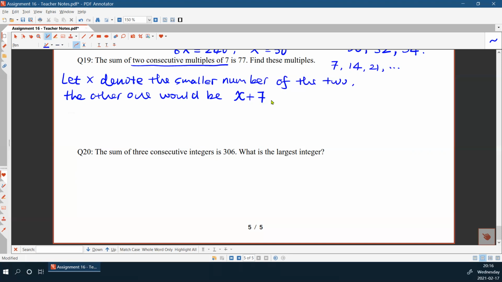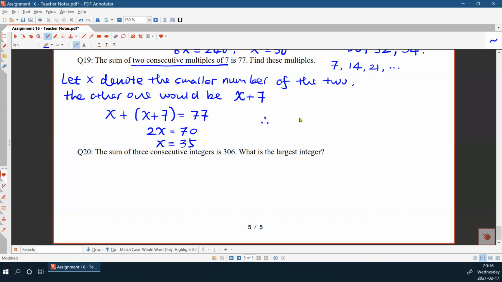Understand? We have no questions here, right? Okay. And we also know that the sum of the two numbers is 77. So that means x plus next number, x plus 7 equals 77, right? This means 2x is 70. So x here is 35.